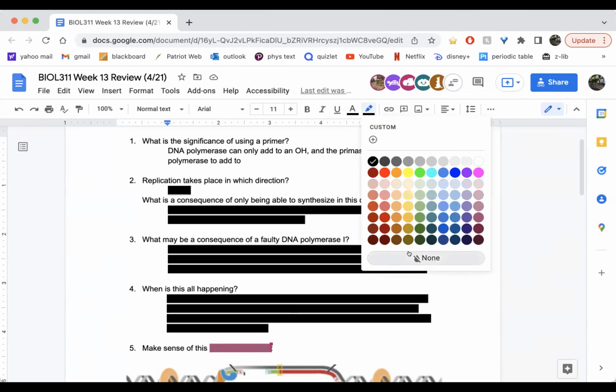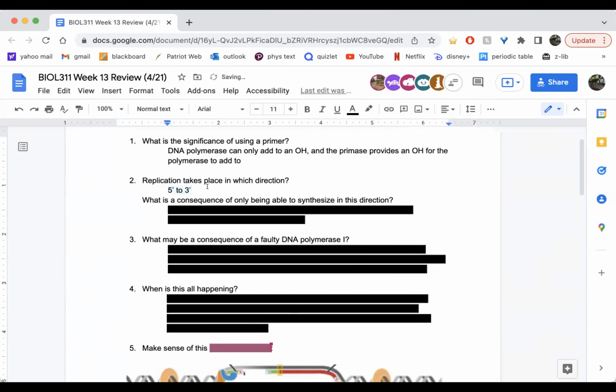And so this means that we read in the 3' to 5' direction, but then the nucleotides actually get added from 5' to 3'. But it's kind of funky because we know that our DNA strands are anti-parallel. So one runs in the 5' to 3' direction, and the other one runs in the 3' to 5' because we're anti-parallel.